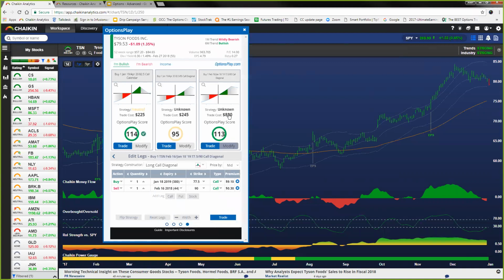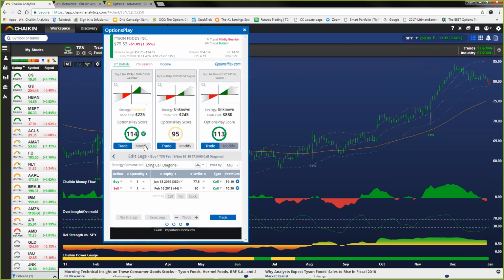Now the cost for this is 880, and look at the width is 12.5. That's really good. I got a lot of room to run before I tap that short leg there. And again, I would still be turning around and buying this back to close it.